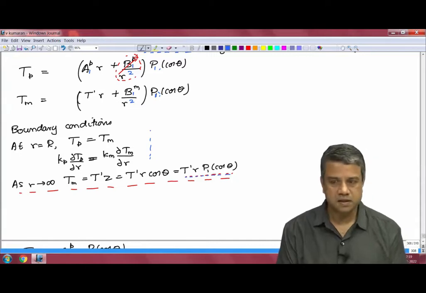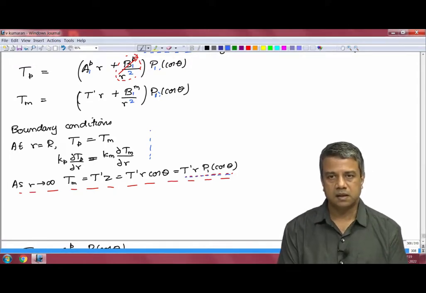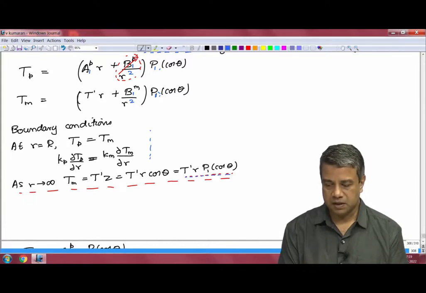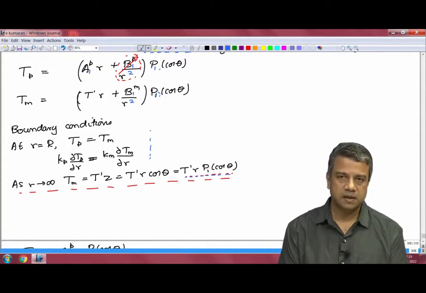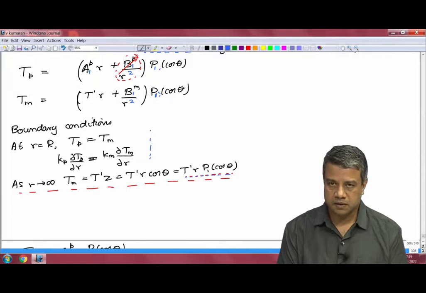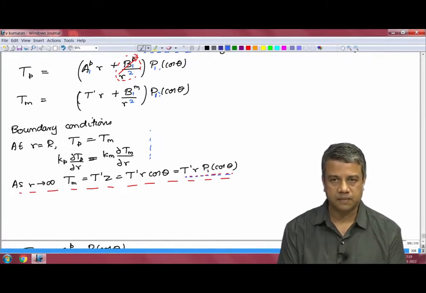The forcing is in the limit as r goes to infinity, and it is of the form that the matrix temperature is equal to T prime times Z, a linear temperature profile far from the particle. T prime times Z can be expressed as T prime r times P1 of cos theta. Since all the Legendre polynomials are orthogonal, the forcing at r going to infinity contains only one Legendre polynomial P1.